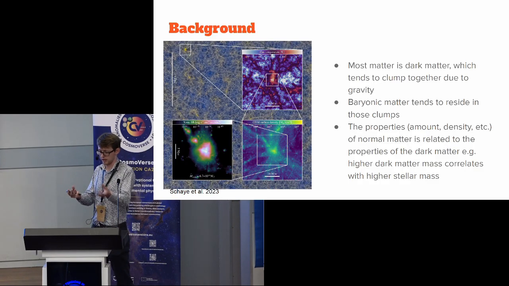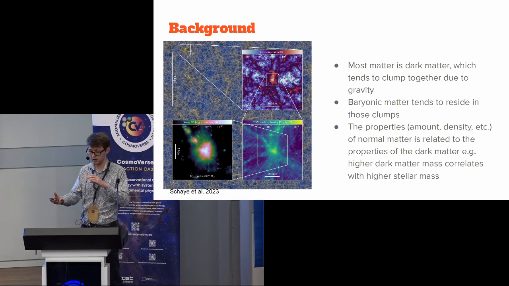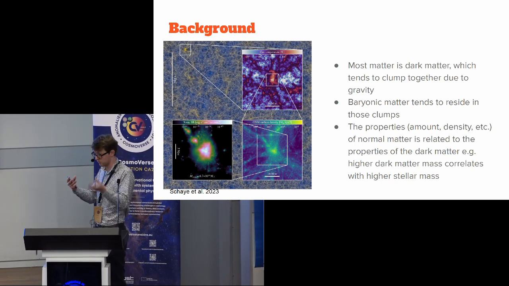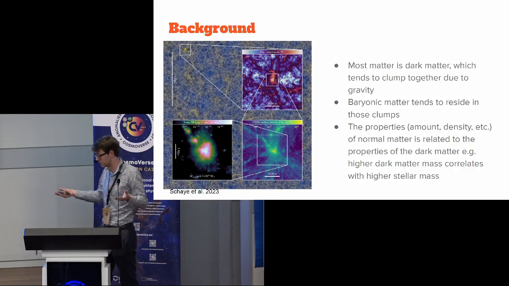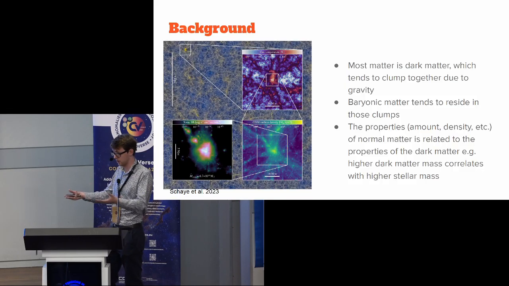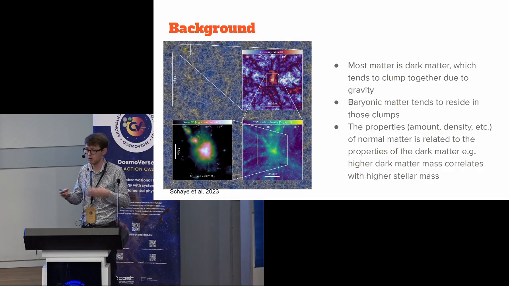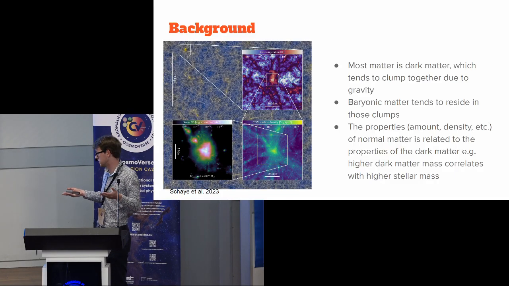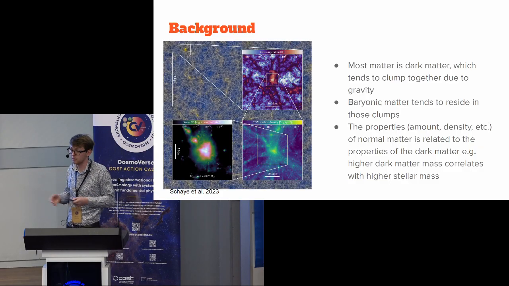So we've got galaxies sitting in these dark matter halos, and the properties of the two are connected, unsurprisingly. For example, if you've got a halo with a higher mass, then you'd expect a galaxy with a higher stellar mass in there as well.